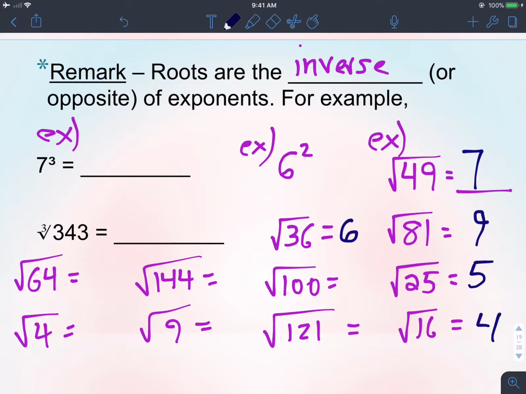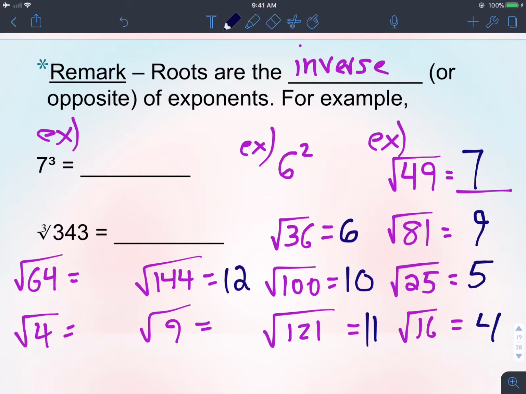Square root of 100. Square root of 100, do you know? Lower. 10. Yeah. 10 times 10 is 100, so square root of 100 is 10. Square root of 121. Good. Square root of 144. 12.